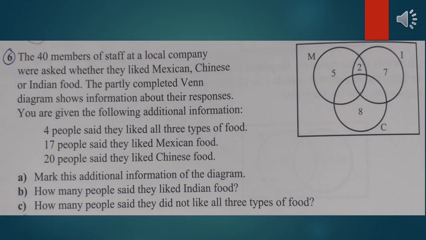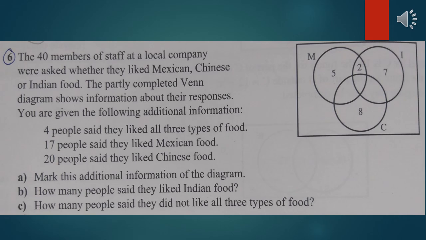Right. There is another very good example with 3 intersecting sets. The 40 members of staff at a local company were asked whether they liked Mexican, Chinese or Indian food.